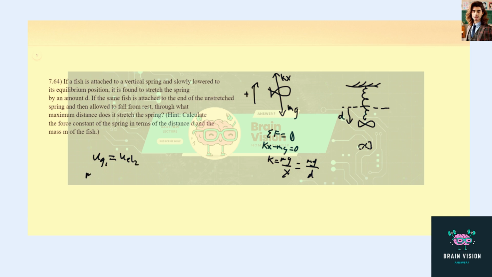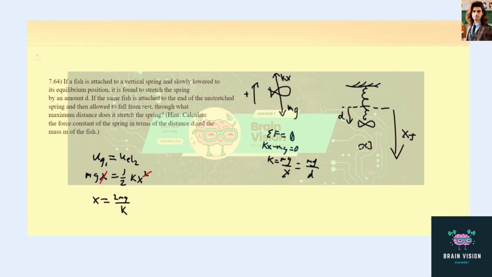So then we get mgx equal to 1/2 kx squared. And here I'm going to define, for this part of the problem, x positive from this point here. Okay, so what we can do then is cancel out one factor of x, and we get x to be equal to 2mg over k.